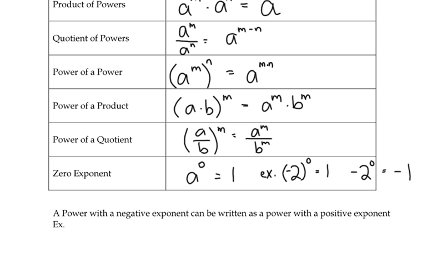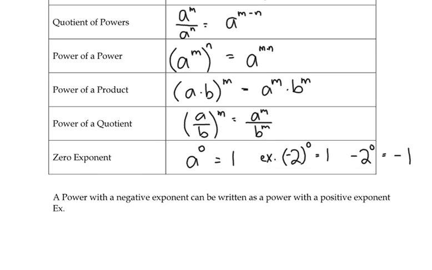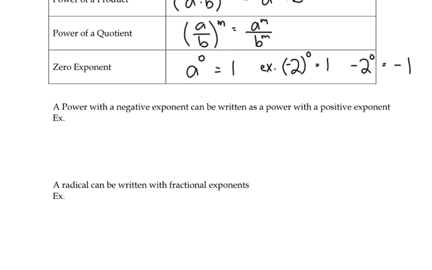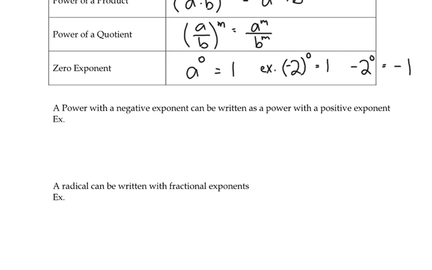Okay, the next two are just review. Do we need to go through negative exponents and fractional exponents? Should we just do a quick review? Okay, quick review. If you have a negative exponent, so let's say 2 to the power of negative 2, how do we get rid of the negative exponent? Flip it. So where is it going to go? 1 over 2 to positive 2.